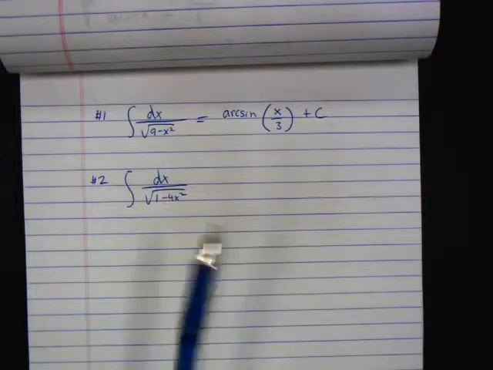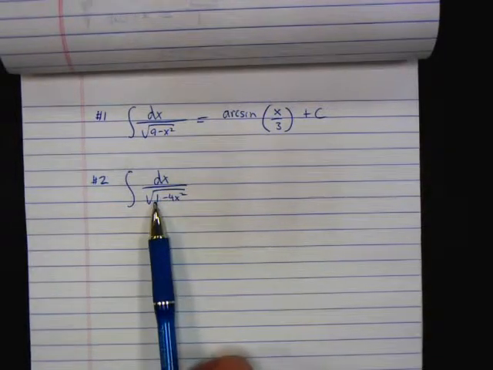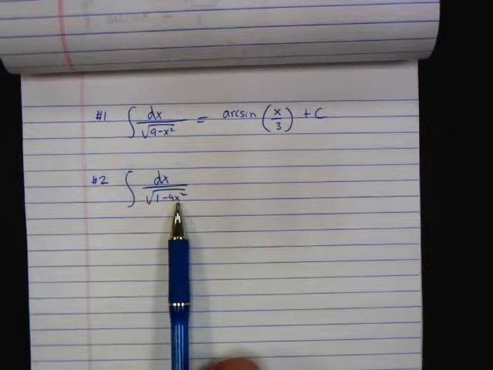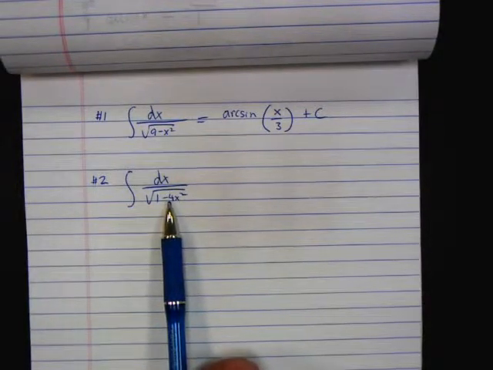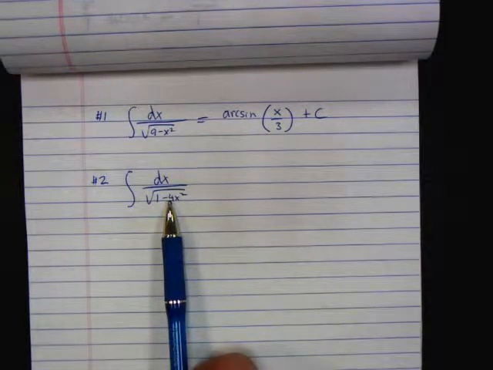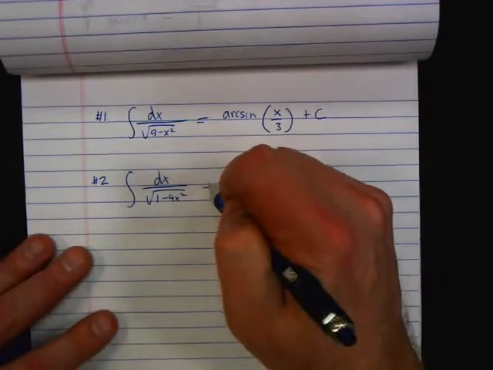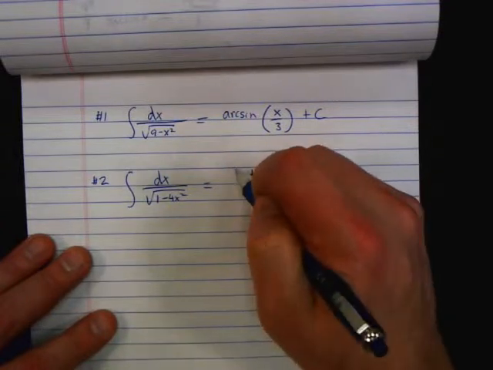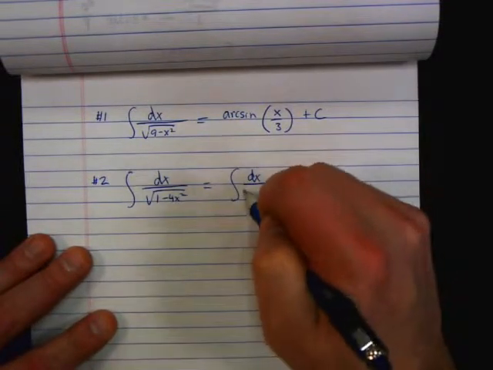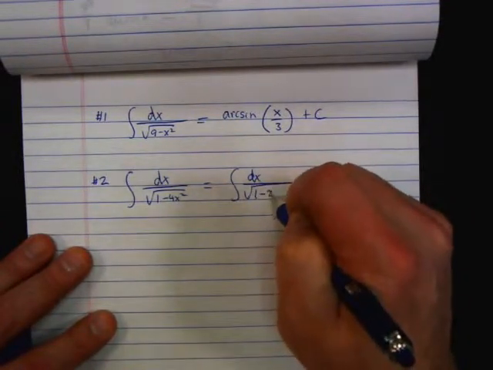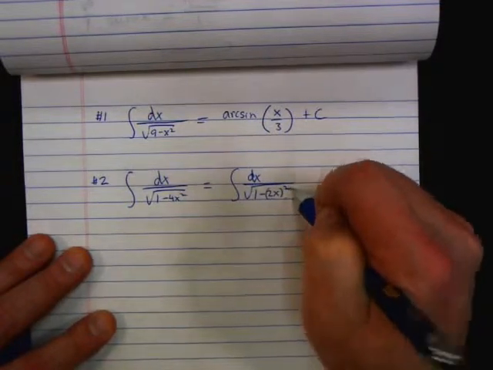Our pattern has a squared minus x squared. It doesn't allow for having a 4 right there, does it? So we got to fix that. How do we fix it? Write it as, okay, so this is the integral of dx over the square root of 1 minus 2x whole thing squared.